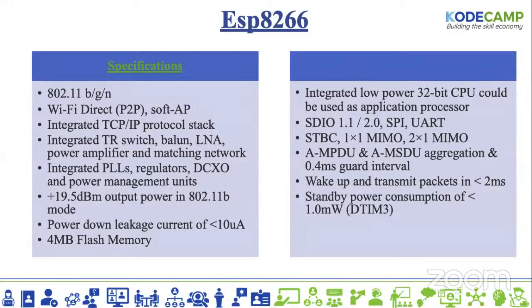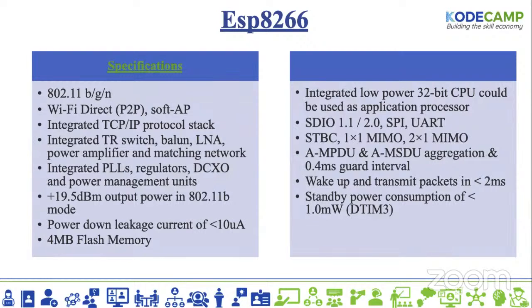It uses the 2.4 gigahertz frequency band of the radio spectrum, and it can handle up to 11 megabits of data per second. That's its approximate maximum speed.